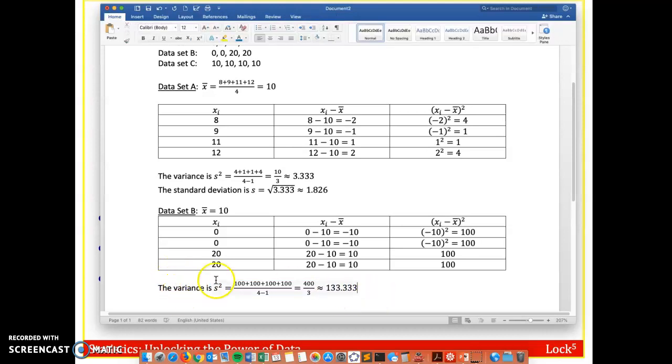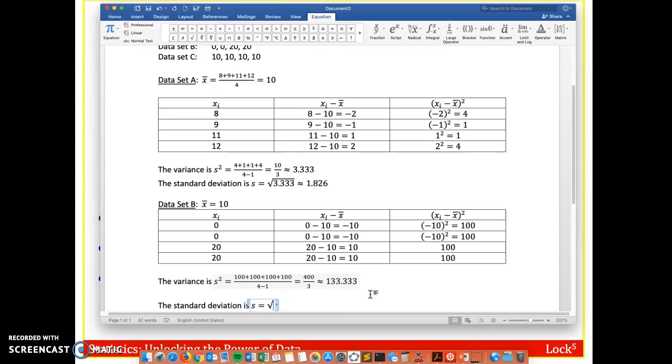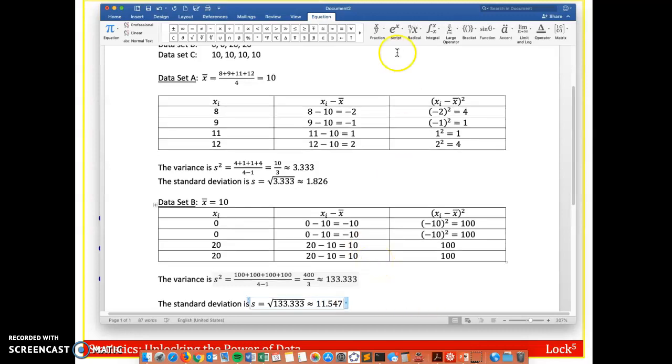So that's the variance. And the last step we need to do is calculate the standard deviation. And you just take the square root of the variance, 133.333. And throw that in your calculator. I got that to be 11.547 if we're rounding to 3 decimals.